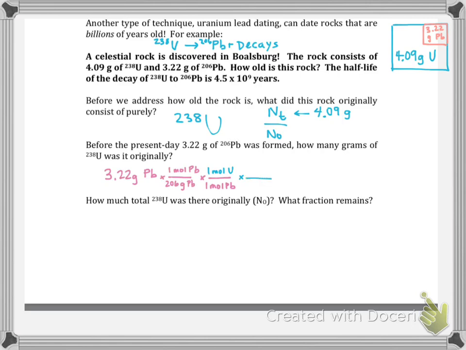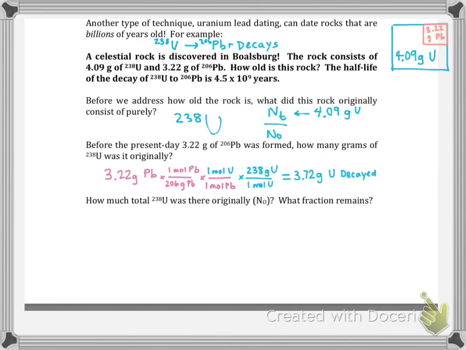And then I can easily enough figure out how many grams of uranium it started as by using the molar mass. And I get that I had 3.72 grams of uranium that decayed and turned into lead.